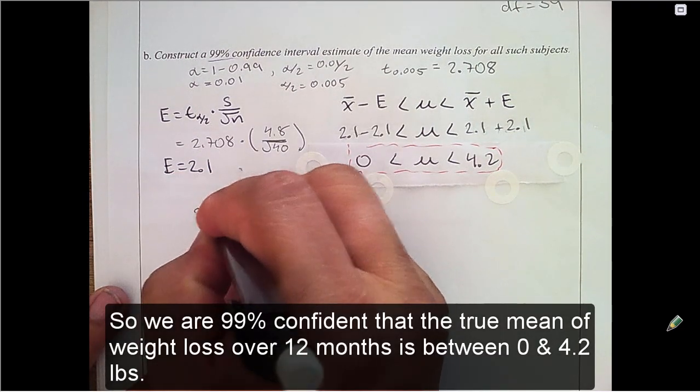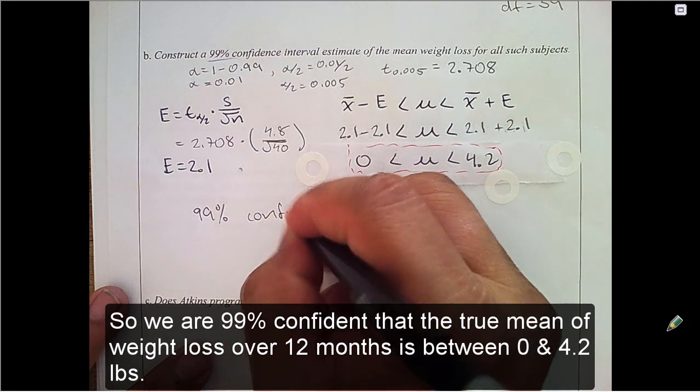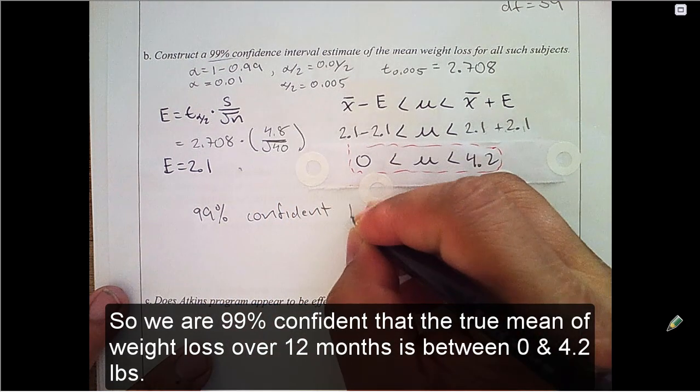So we're 99% confident that the true mean of weight loss over 12 months is between 0 and 4.2 pounds.